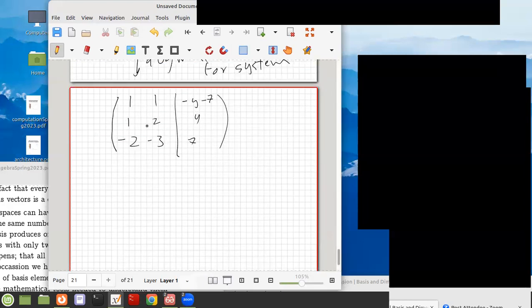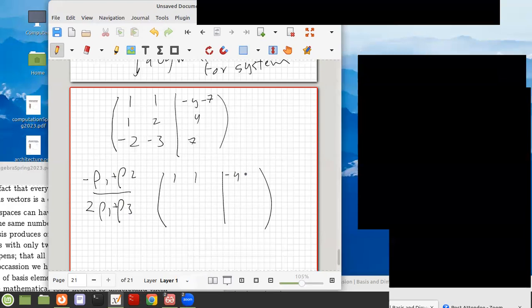We just want to make the coefficient matrix into echelon form, so we can do minus row 1 plus row 2 and 2 row 1 plus row 3, to give 1, 1, minus y minus z. Doing minus row 1 would give minus 1 plus 1 is 0, and minus 1 plus 2 is 1.